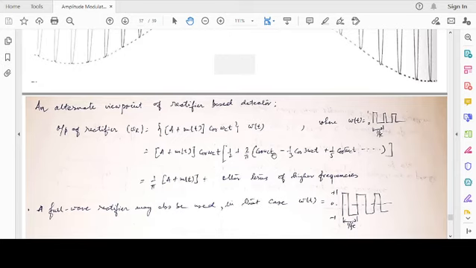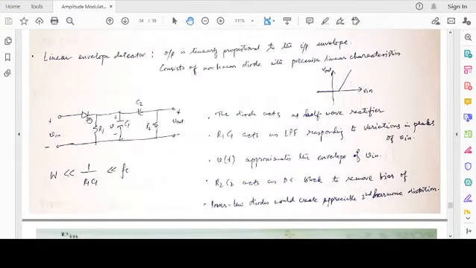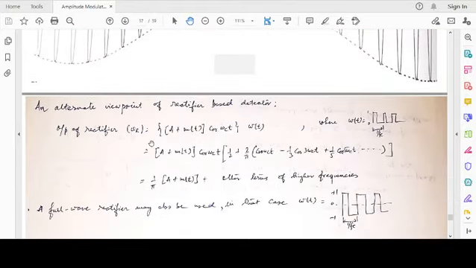So now an alternate viewpoint of the rectifier-based detector, through Fourier analysis. Let's say VR is the output over here, the rectifier output. What is the half-wave rectifier doing?